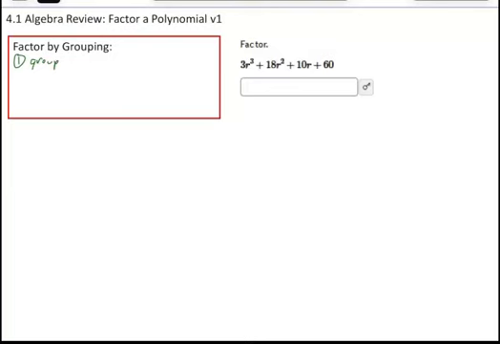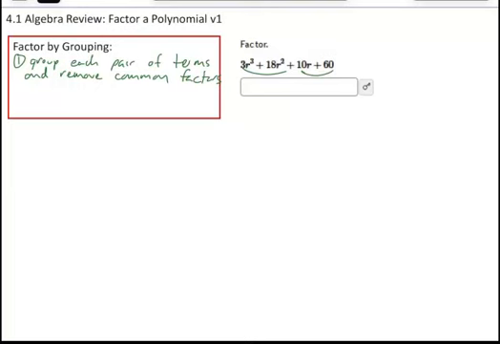You're going to group each pair of terms and remove any common factor. So a pair means 2. So we're going to take all 4 of these terms and split it into 2 pairs of 2. Okay, so I group each pair together and then remove any common factors.